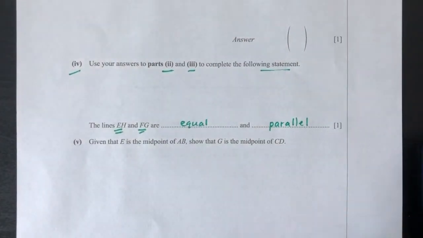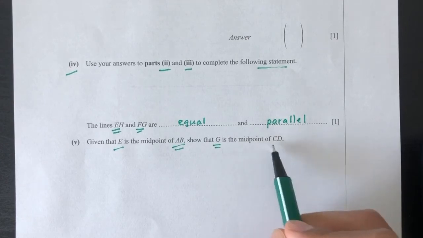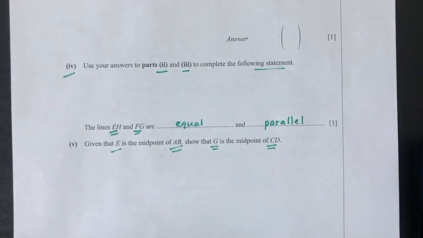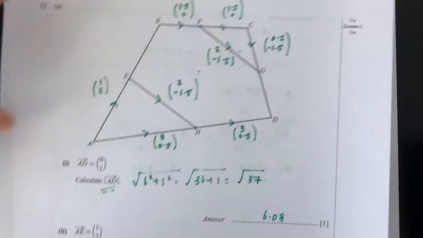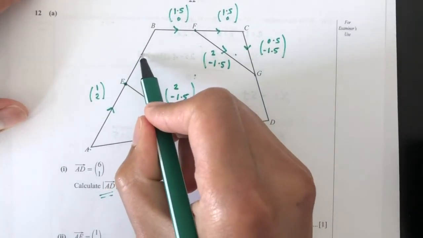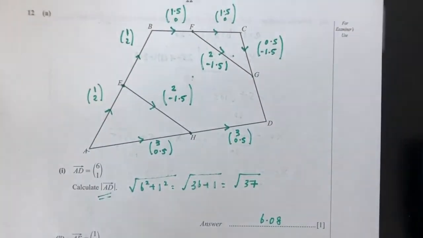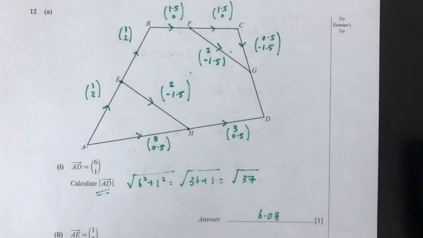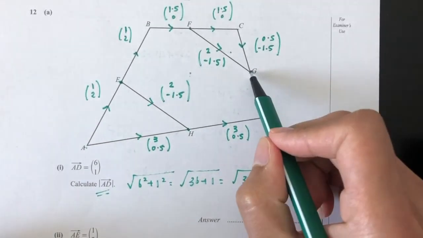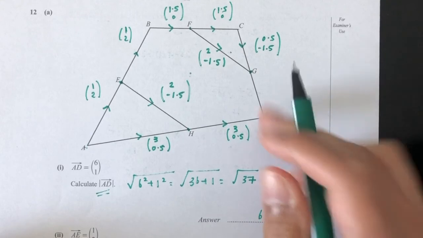Now part 5, given that E is a midpoint of AB, show that G is a midpoint of CD. So given that E is a midpoint of AB, that's the midpoint, which means this is also (1, 2). So we have to show that G is a midpoint of CD.